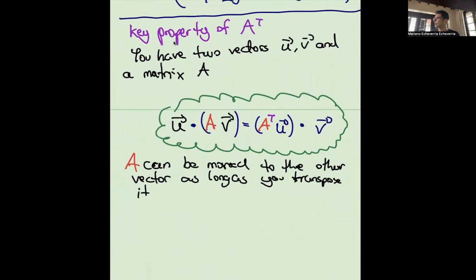Okay, so that's not too bad. Checking that this works, you can do it by a brute force approach, where you literally compute both sides of the equation and make sure that they coincide. An alternative way is that you can define the transpose as the operation on a matrix that has this property, and then you check that it agrees with turning the rows into columns.